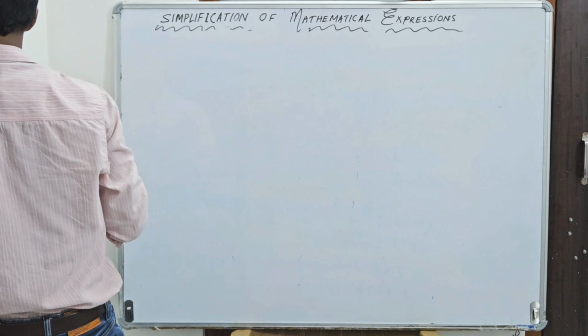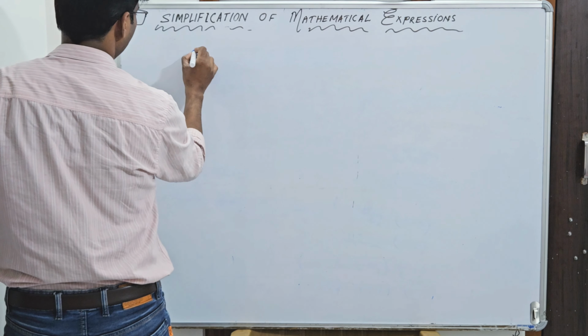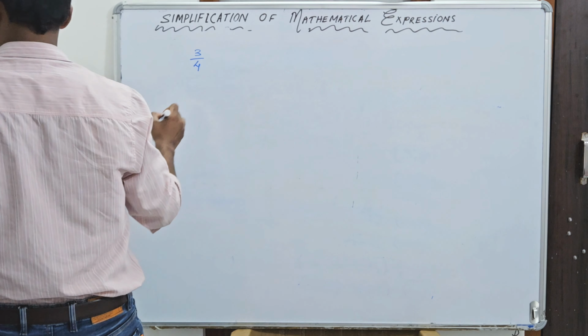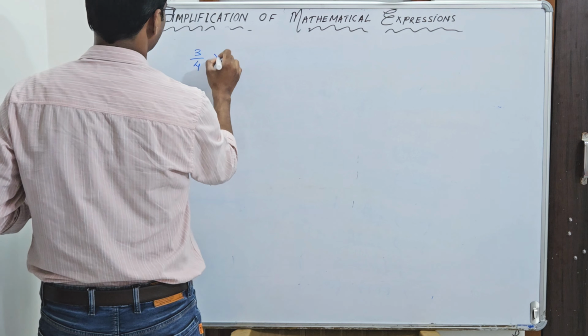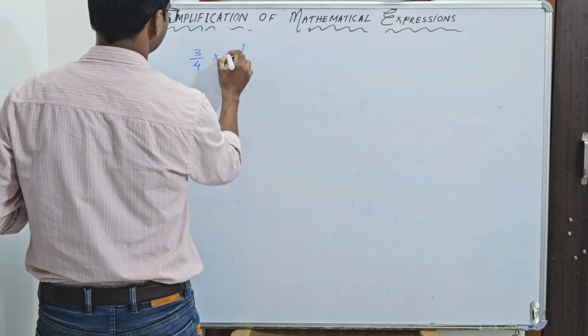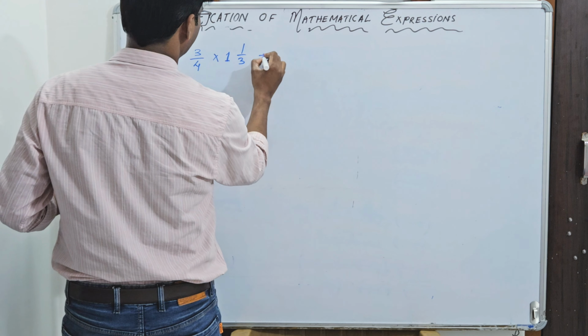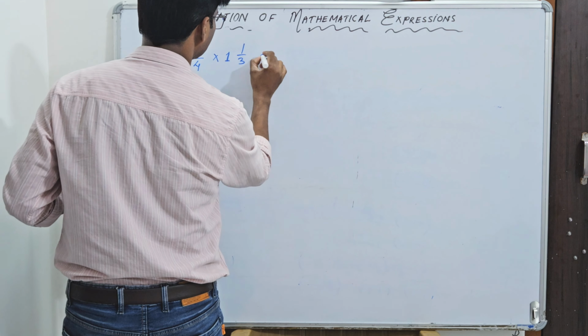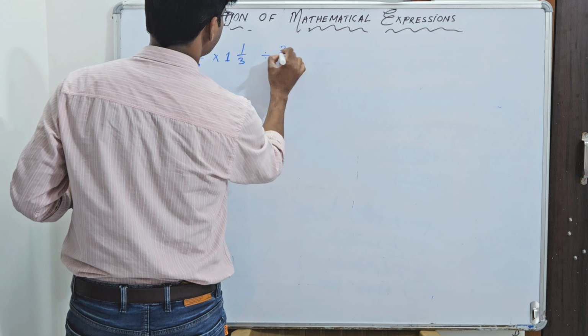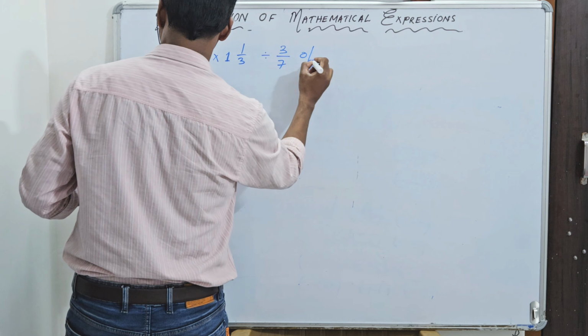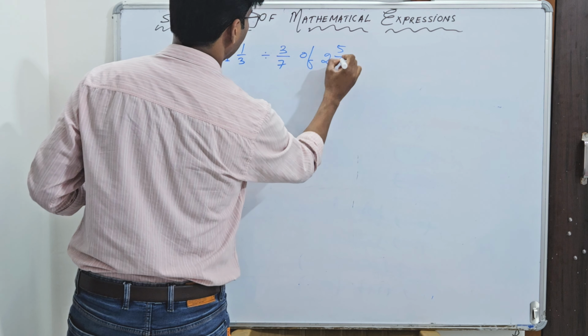So how to do? So it will be like 3 by 4 into 1 whole 1 by 3 divided by 3 by 7 of 2 whole 5 by 8.